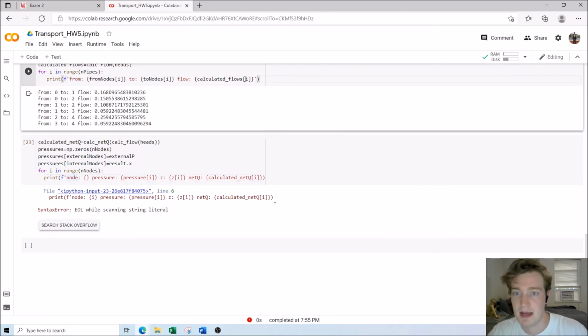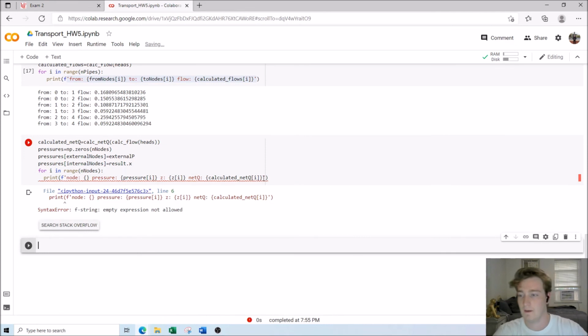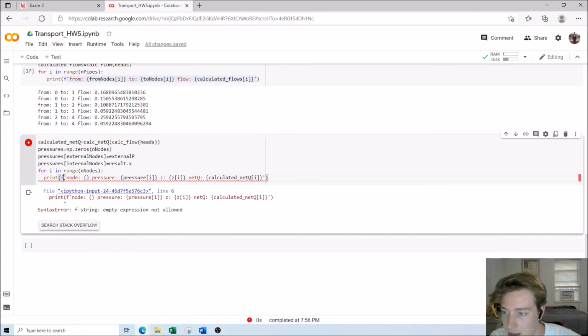If we copy and paste what we have up here and then just edit that, will it work? So let's try that. Oh, you know what? We were just forgetting that last bracket. F string empty expression not allowed. What? It's not empty. Let's take a deeper look at this.